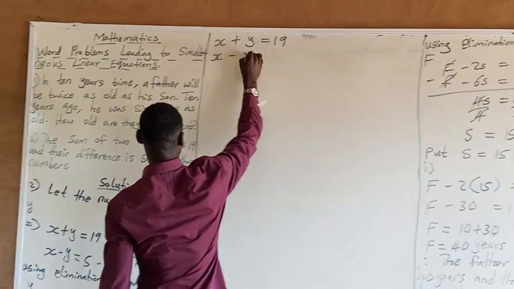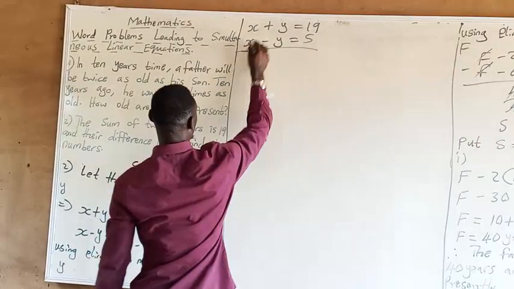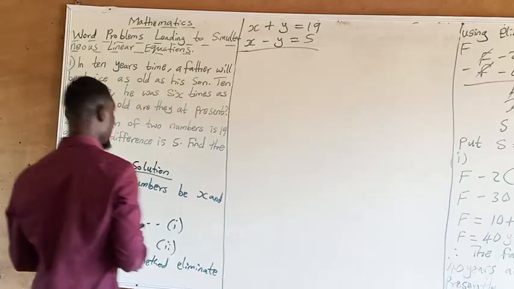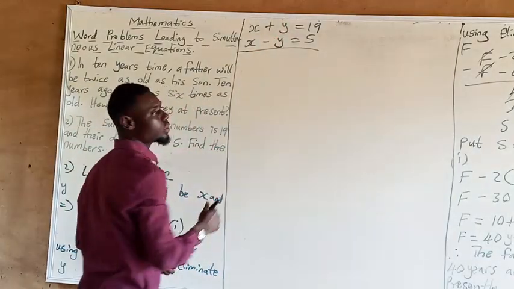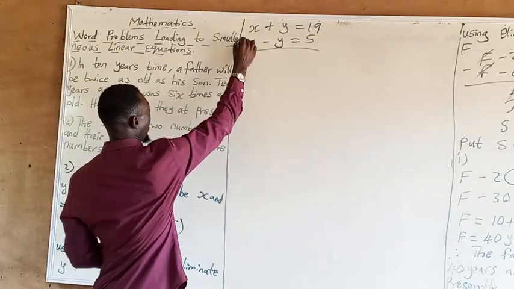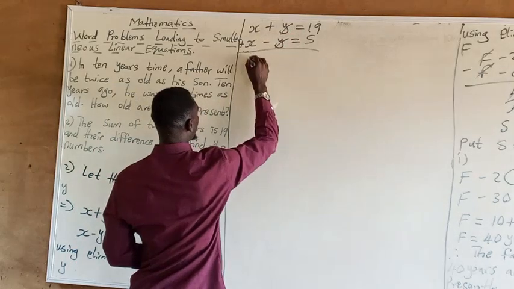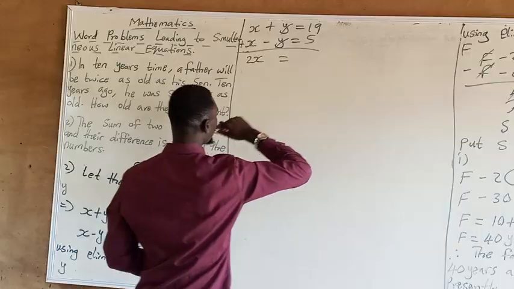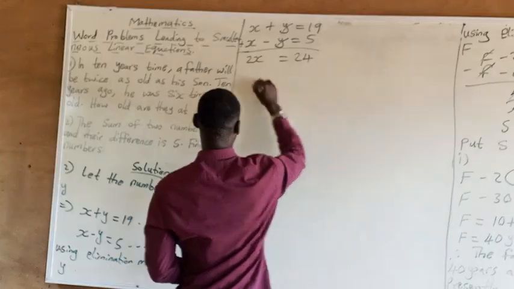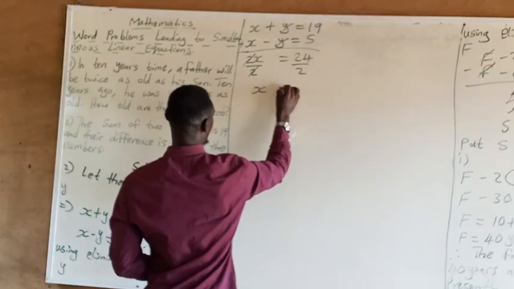X minus Y is equal to 5. Now let's introduce a sign. Since we want to eliminate Y, and I told you when you have plus and minus, just bring plus. So add plus to it. So this will cancel this. This is 2x is equal to 19 plus 5, which gives us 24. Divide both sides by 2. This will cancel this. X will be equal to 12.